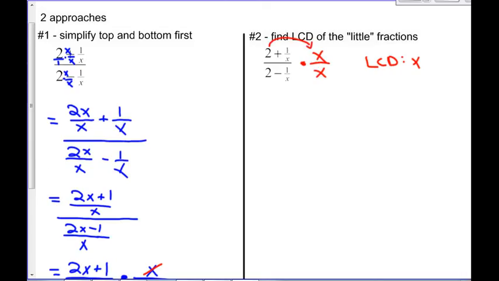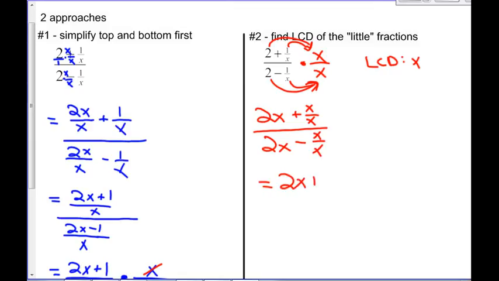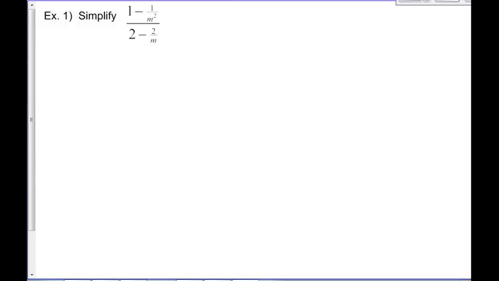So that's going to give me 2x plus x over x all over 2x minus x over x. Or 2x plus 1 all over 2x minus 1. It gets rid of that nested fraction or that complex fraction situation very quickly. We'll do a couple of examples like this, and then we'll move on to some equations.